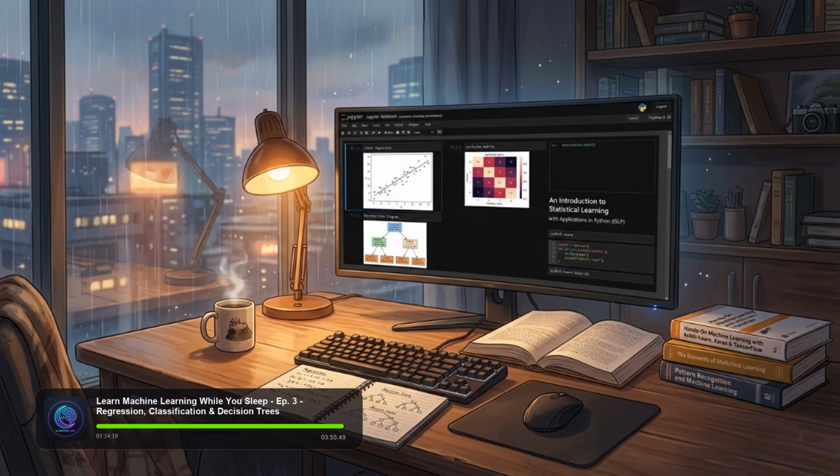In summary, building production-grade classification systems requires mastering every stage of the machine learning engineering lifecycle.